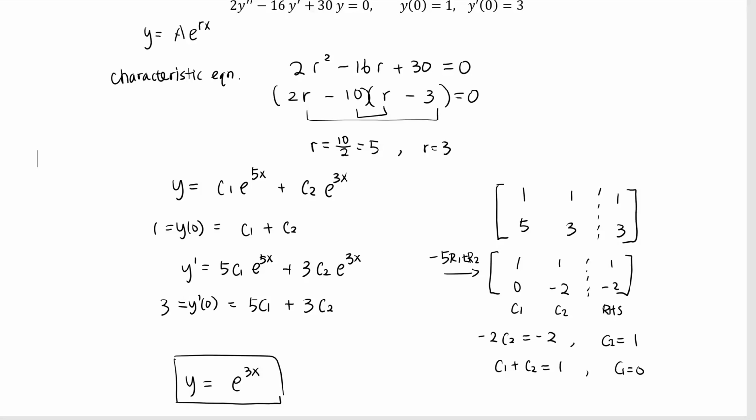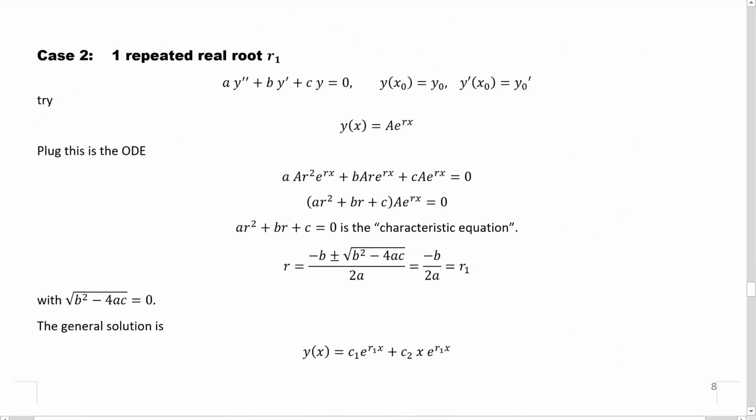So far, so good, everybody? That is the first case, when we have two real roots. What is the next case? What happens when we have a repeated real root?